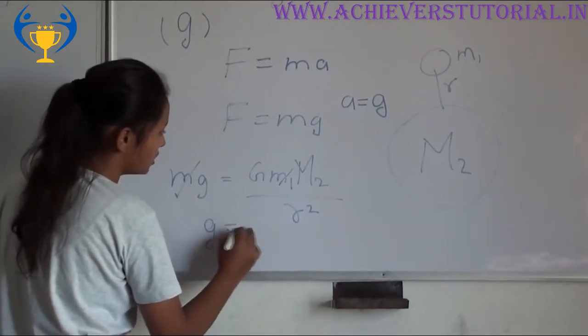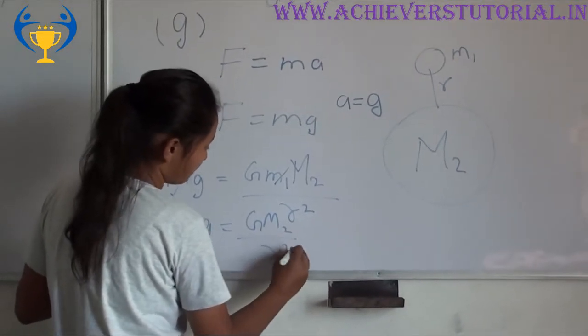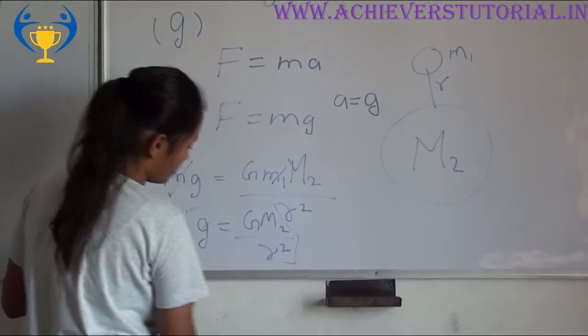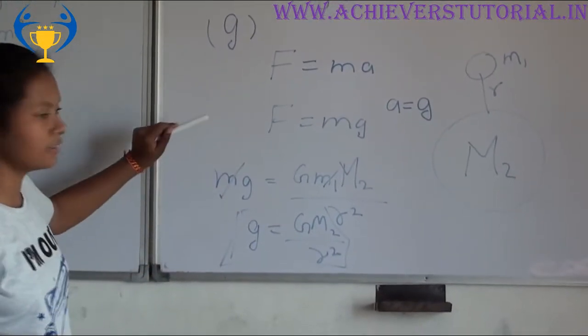So we can conclude that g is equal to G m2 upon r square. This is the value of small g.